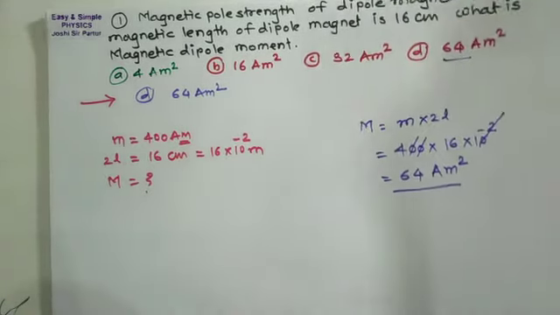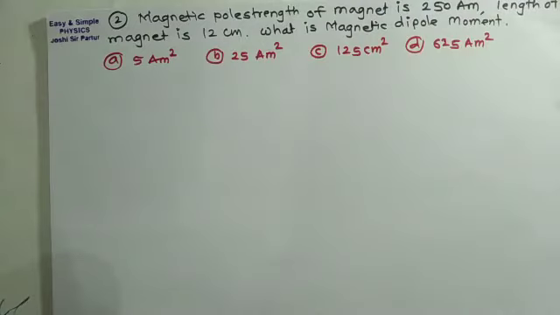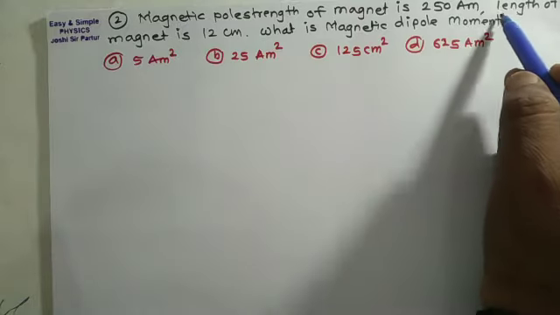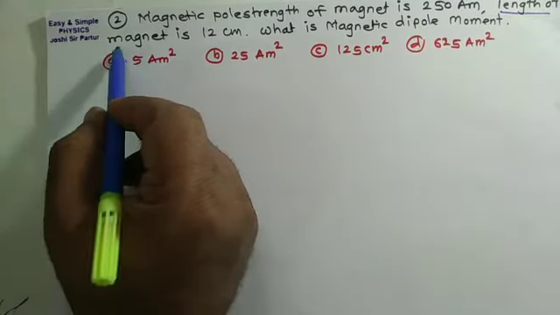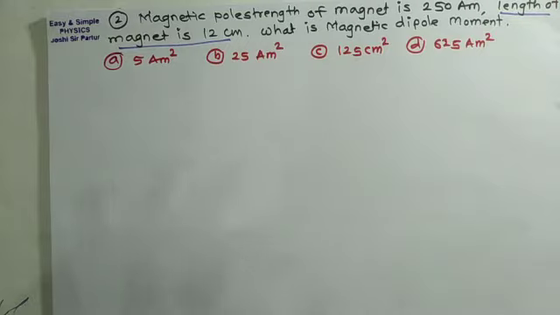Another example that will be asked: magnetic pole strength of magnet is 250 ampere meter. The length of magnet is 12 centimeter. See here, length of magnet will be 12 centimeter. What is the magnetic dipole moment?